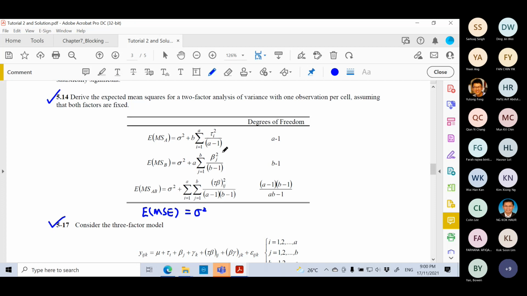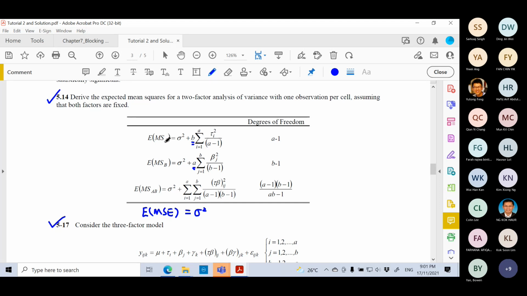After that, you can see the formula is consistent. If you study factor A, they will divide by A minus 1. If they study B, they will divide by B minus 1. This is because of the degrees of freedom. For AB, they will divide by (A minus 1)(B minus 1). The coefficient in front has a standard formula.